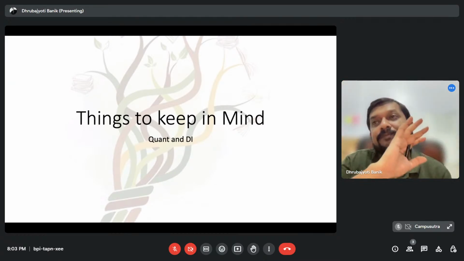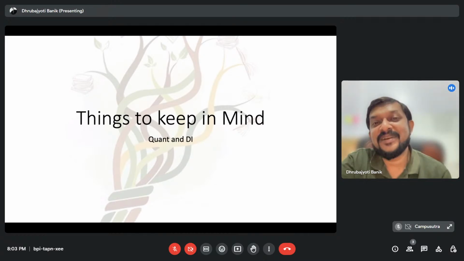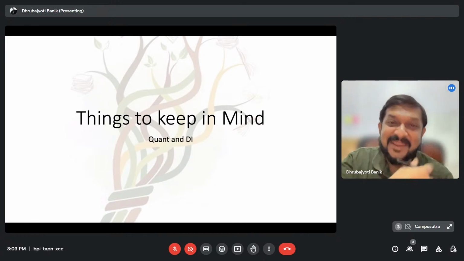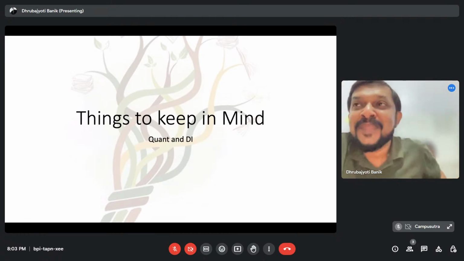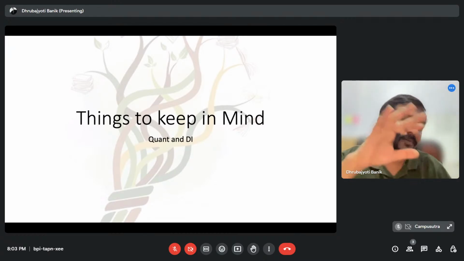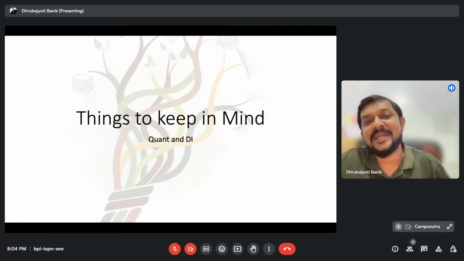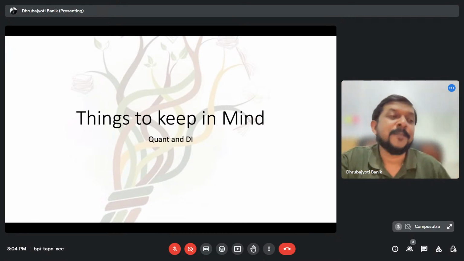XAT has been, I'll not say inconsistent, but me being an alumnus of XLRI, I have always felt that they keep a surprise element in your exam preparation. So just keep it in mind that it can be LRDI, it can be DI and quant. They might throw a little bit of surprise here and there this year.